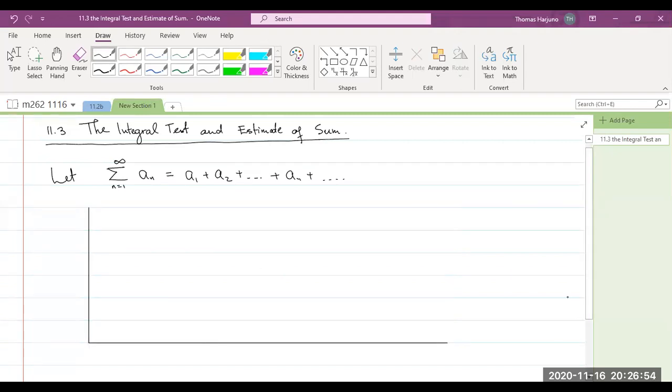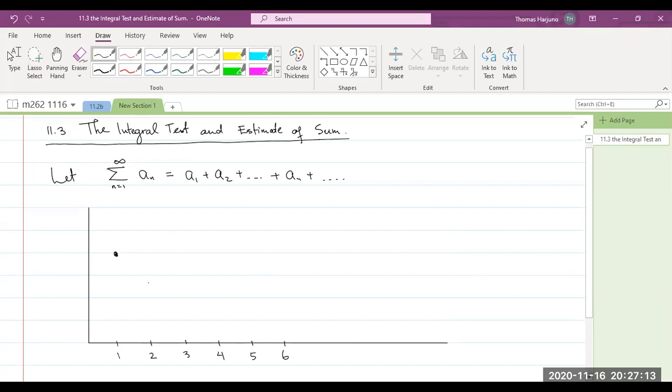Okay, so let's say n equals 1 is here, n equals 2, n equals 3, n equals 4, and on. Okay, and a sub 1, let me make it here.